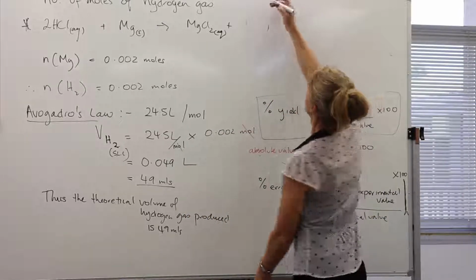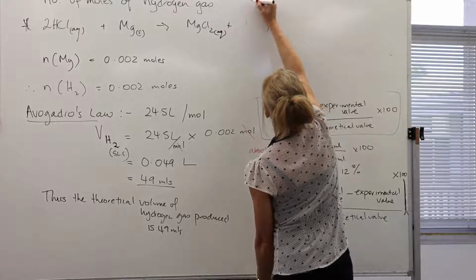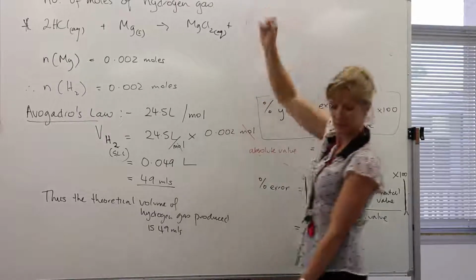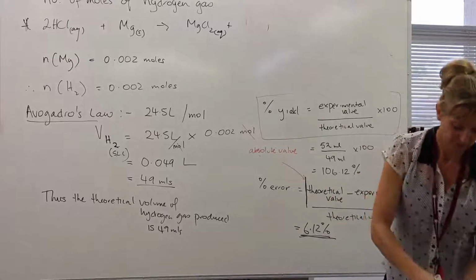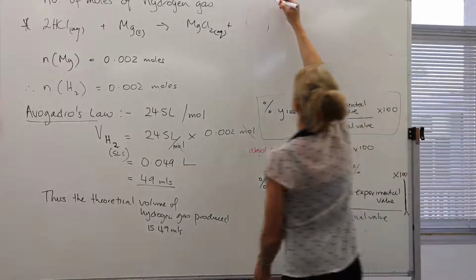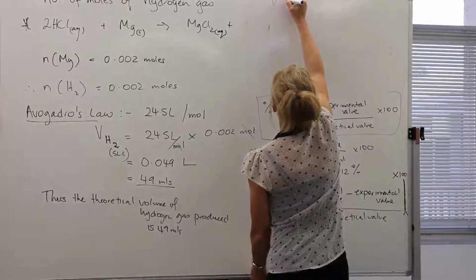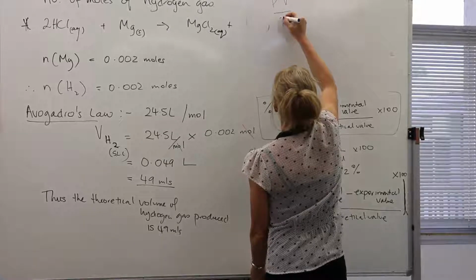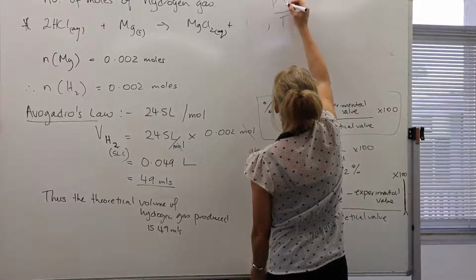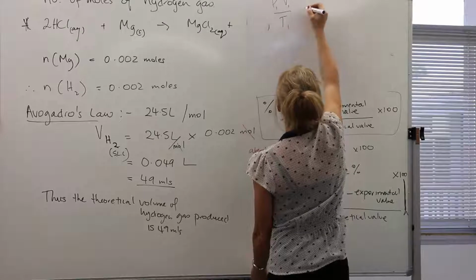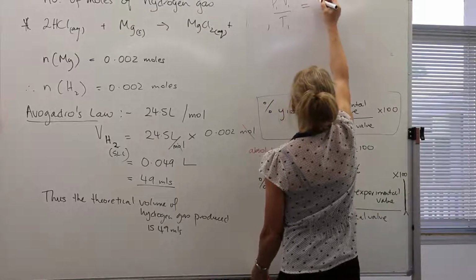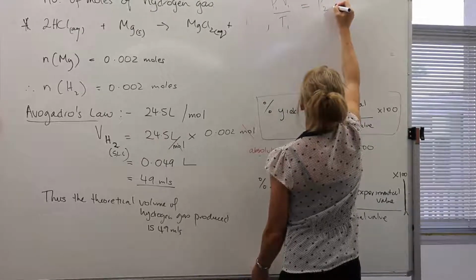Let's just write down our data. So tell me what the combined gas law is. Pressure times volume divided by temperature. We need little subscripts. They're all one. Pressure 1 times volume 1 over temperature 1 equals pressure 2 times volume 2 over temperature 2.